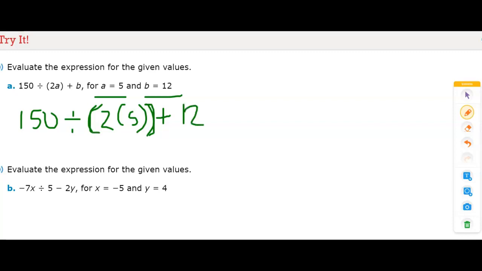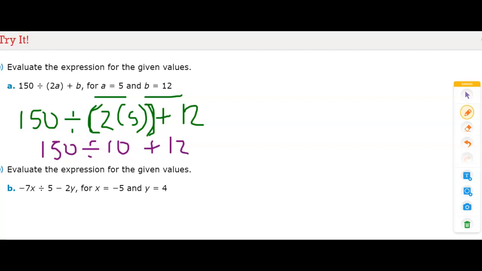And then we evaluate. So we have our brackets, and inside of that is 2 times 5. 2 times 5 gives us 10, plus 12, divided into 150. Okay, then we have to do multiplying or dividing left to right. So we have 150 divided by 10, which gives us 15.